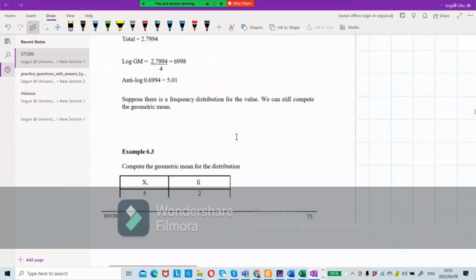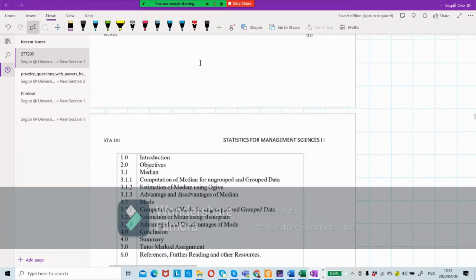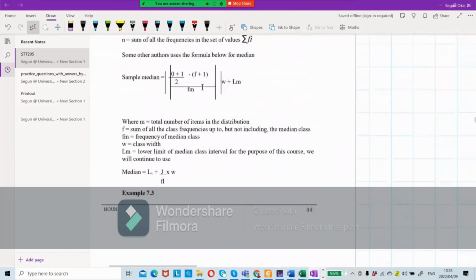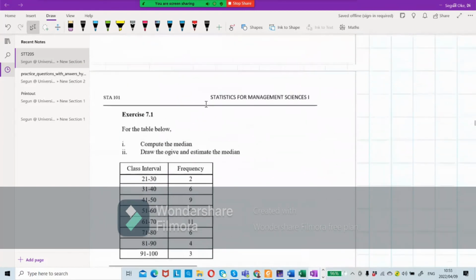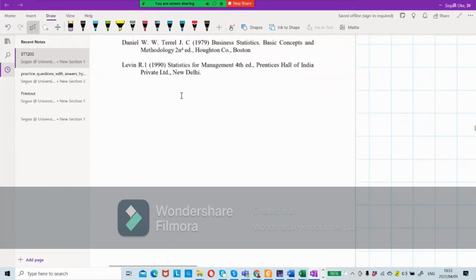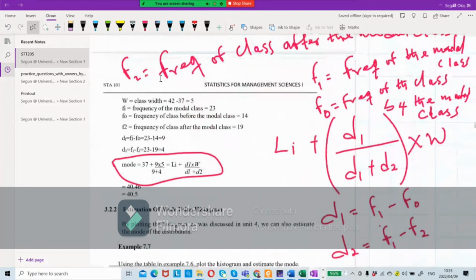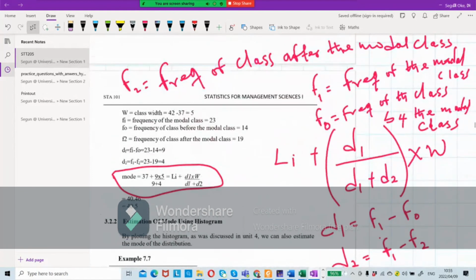You can see it is plus D2, all multiplied by W. L1 plus, open bracket, D1 divided by D1 plus D2, close bracket, multiplied by W. D1 plus D2 is in the brackets, right? Yes.